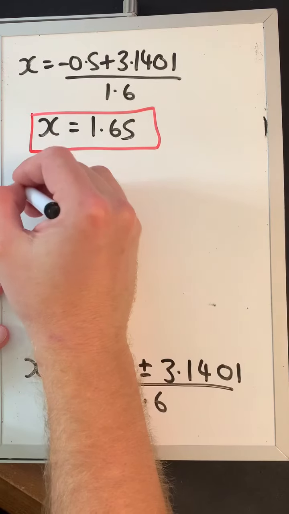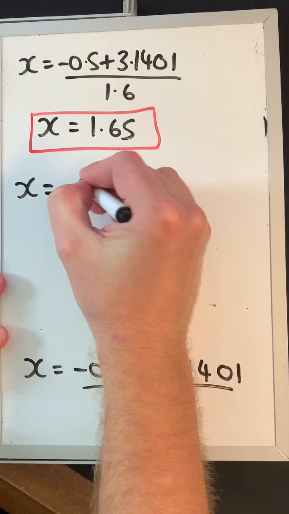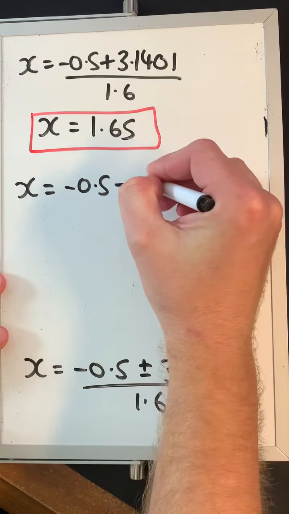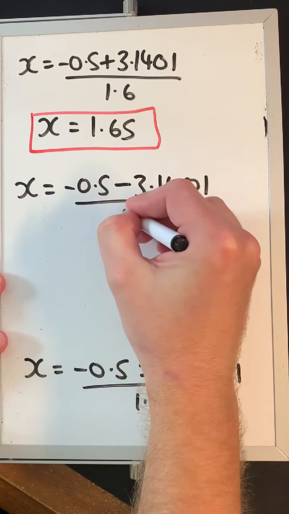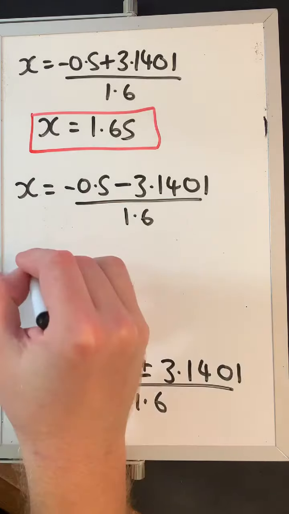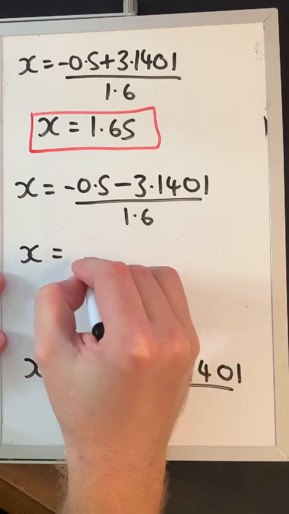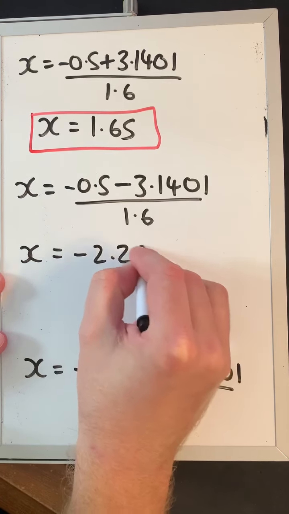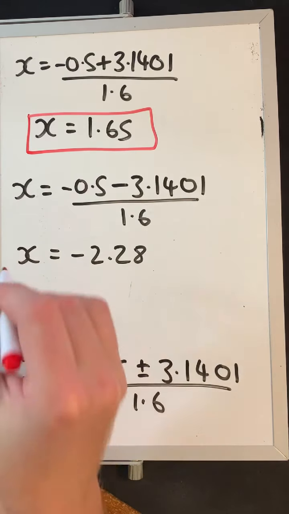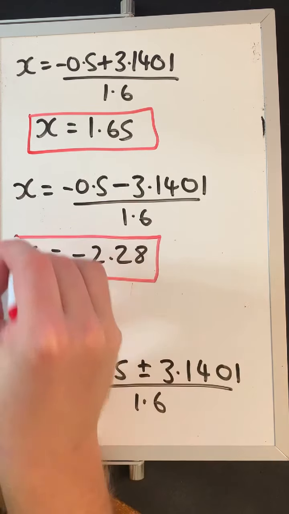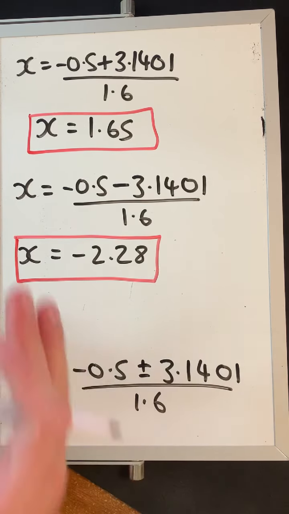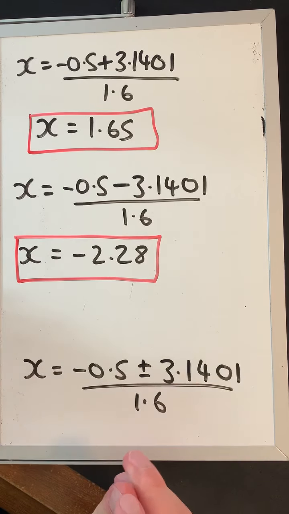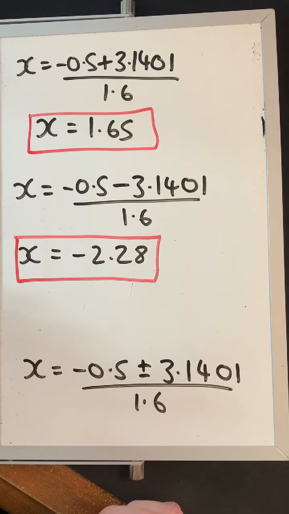And we've also got x is equal to minus 0.5 minus 3.1401 over 1.6, which will give us x is equal to minus 2.28. Okay, so because of the decimals in the original quadratic, it does make it much easier if we do it through the quadratic formula.